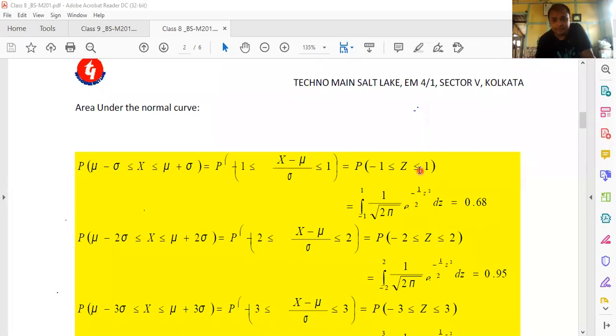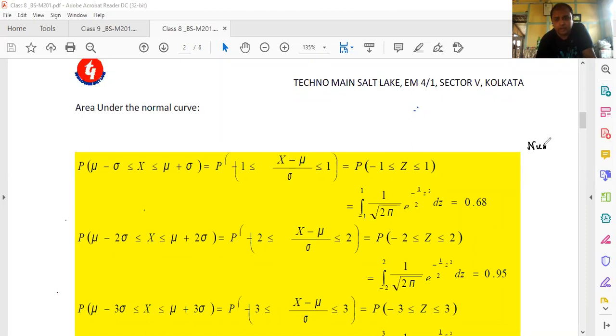What do we mean by that? This means we are going to integrate this function, 1 by root over 2 pi e to the power minus half z square dz, from -1 to +1. Do you have to integrate here in the course of probability? The answer is no. These values are known by integrating these functions, but the integration may become a little complicated.